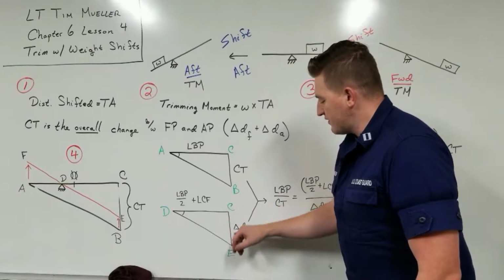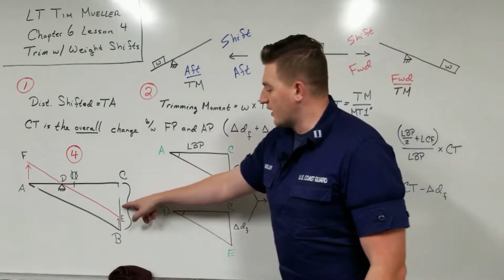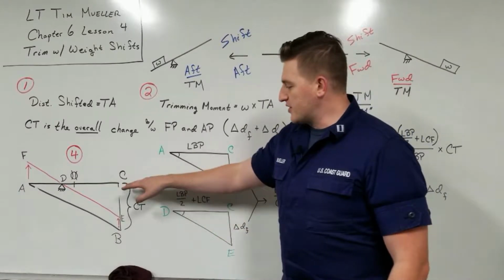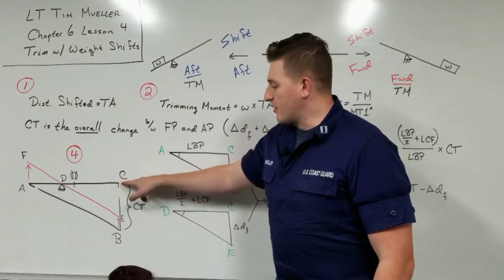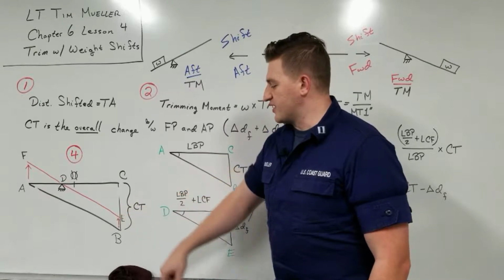So CD equals LBP divided by 2 plus LCF. Then this vertical side is our delta D forward. That is how much our draft changes from original to final position.